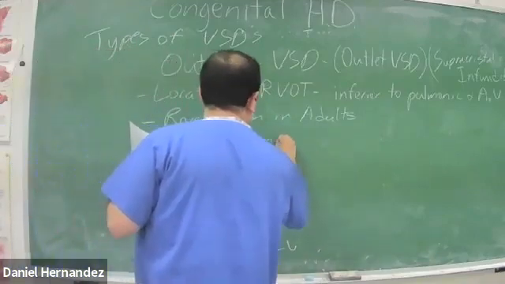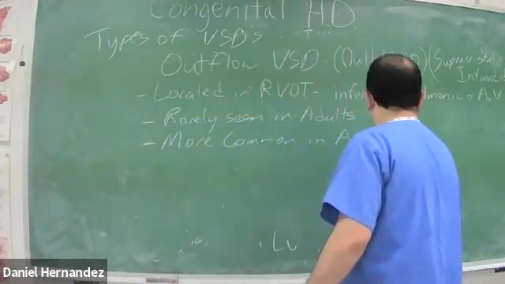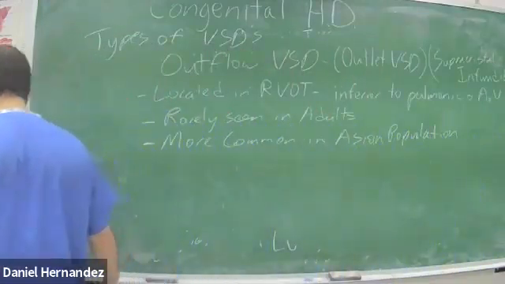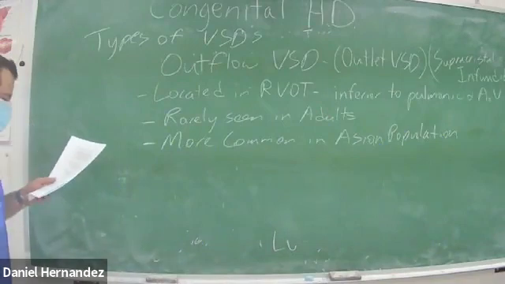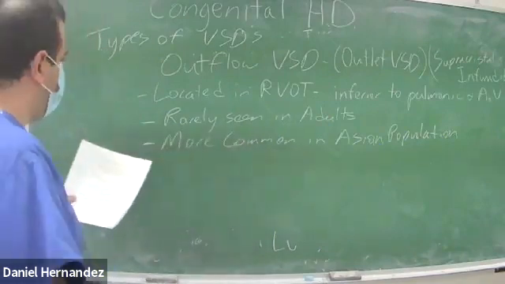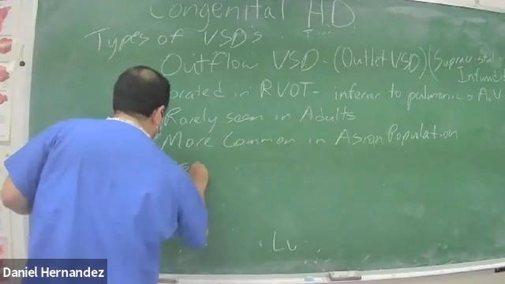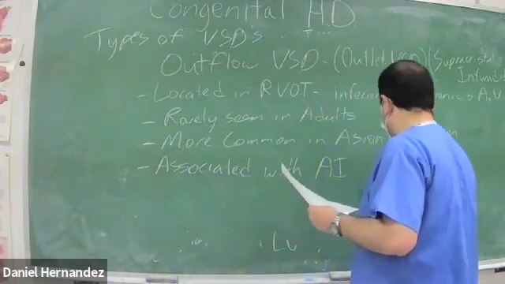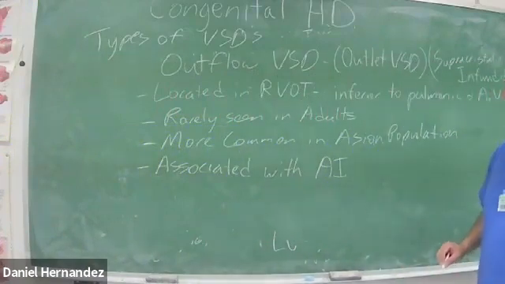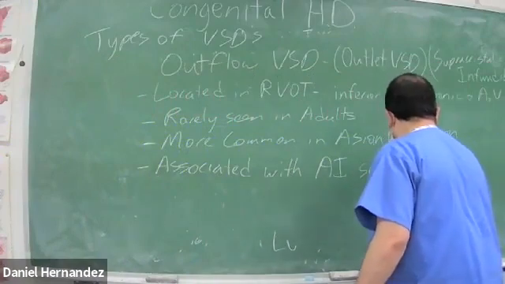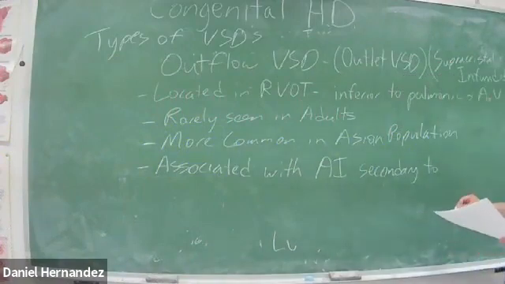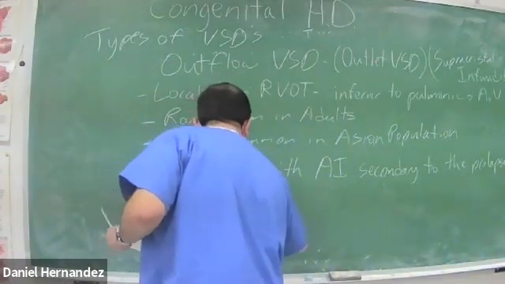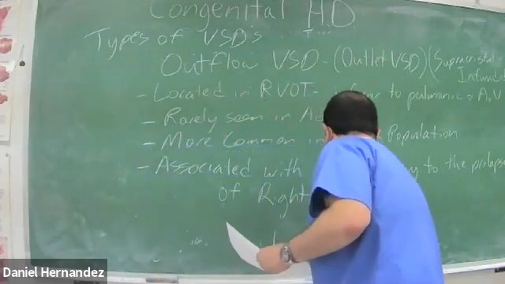More common in the Asian population. They're commonly associated with AI, or aortic insufficiency, secondary to the prolapse of the right coronary cusp.